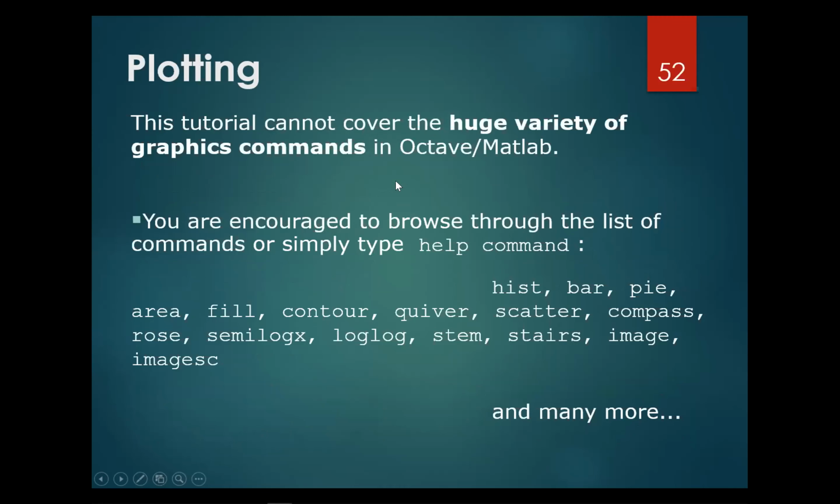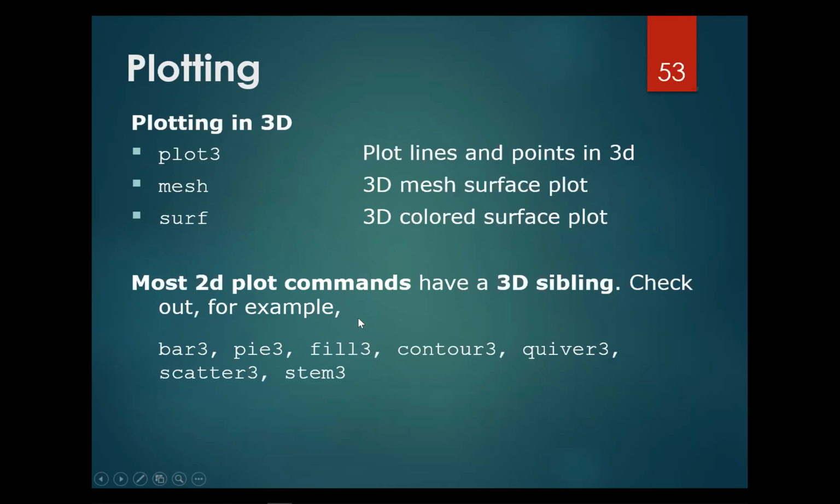You can also plot using contour plots, scatter plots, area plots, and a lot of plots. Bar, histogram, bar chart, pie chart, you can do all that. Then you can also plot 3D, you can use mesh, you can use surface graph to also plot. They are very, very powerful.